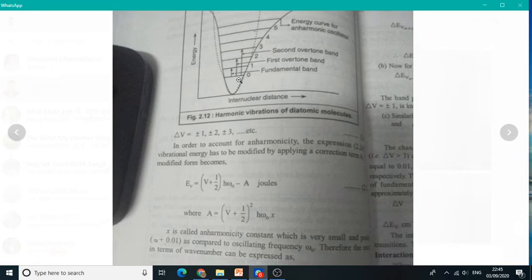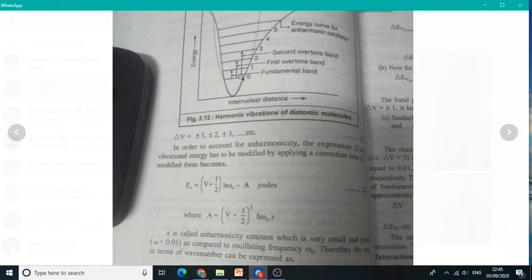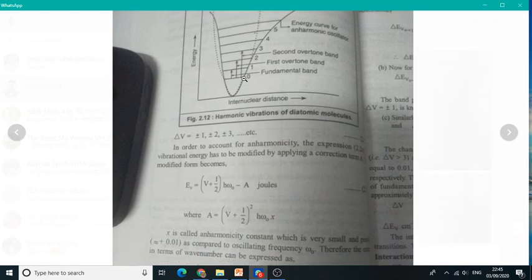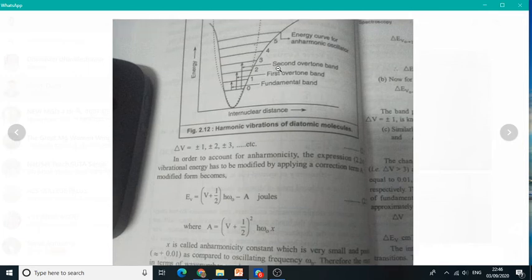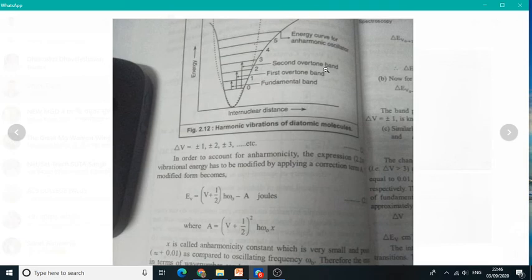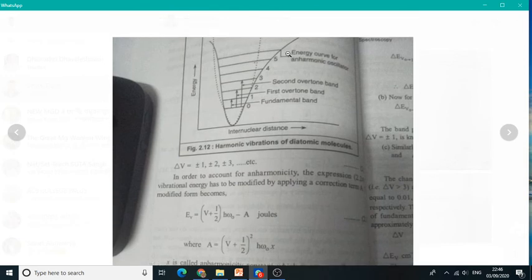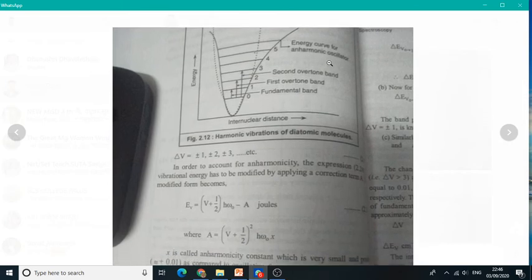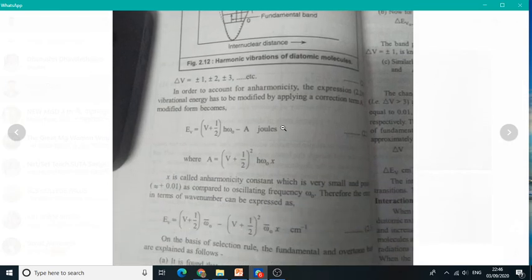Then the transition from phi equal to 0 to phi equal to 2 is called the first overtone transition. Here the transition phi equal to 0 to phi equal to 3 is called the second overtone transition or second overtone band. And this is the energy curve for an anharmonic oscillator.